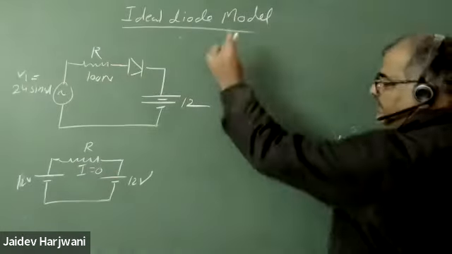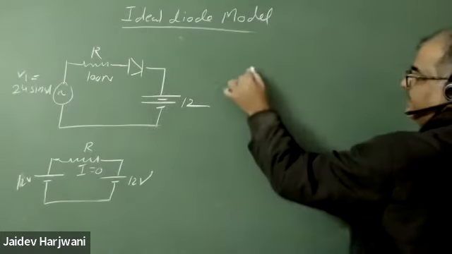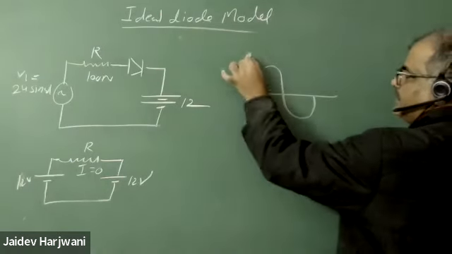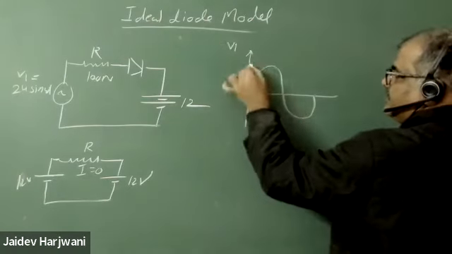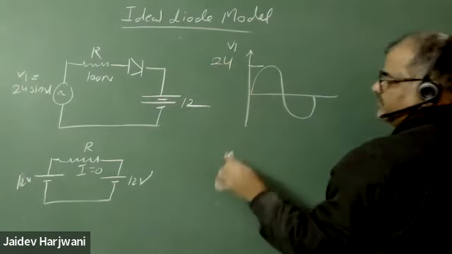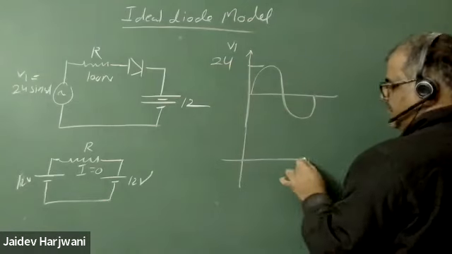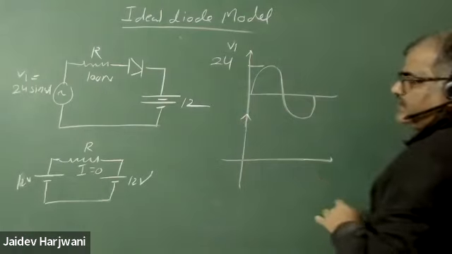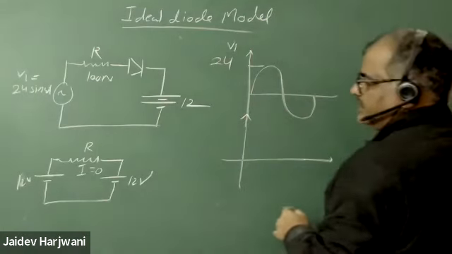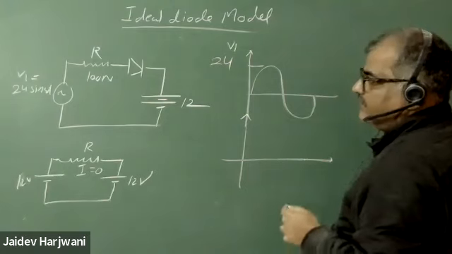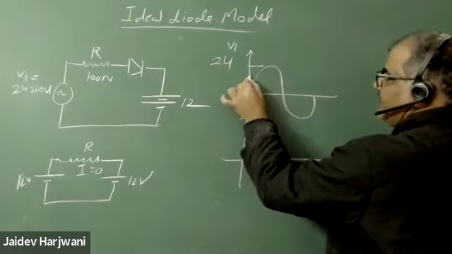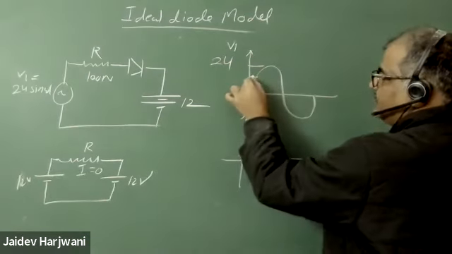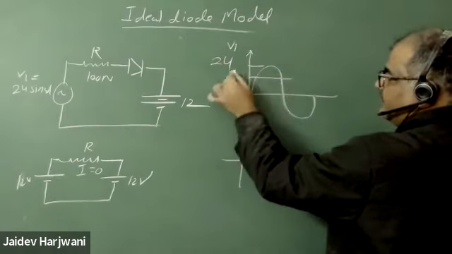Now suppose I have been given this as my input, this is my V input, whose peak value is 24. For current to flow, the diode should conduct. The diode will only conduct when this value is greater than 12 volt.